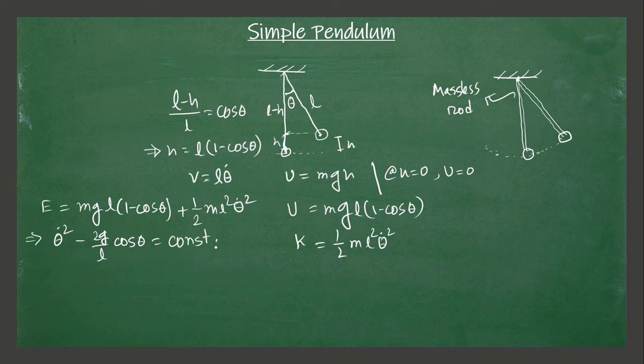Okay, so this is a constant. Now if we solve this equation, we should be able to get theta from this, and that theta will determine what the motion would be over time. We'll get theta as our solution, which will be a function of time.